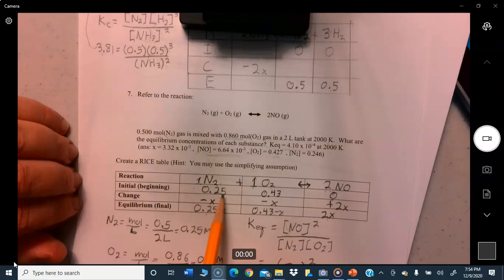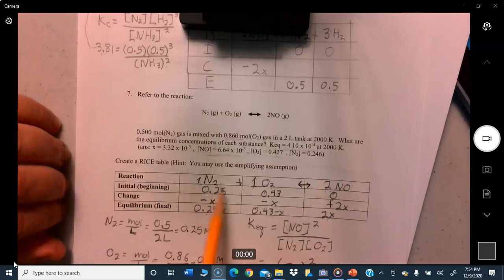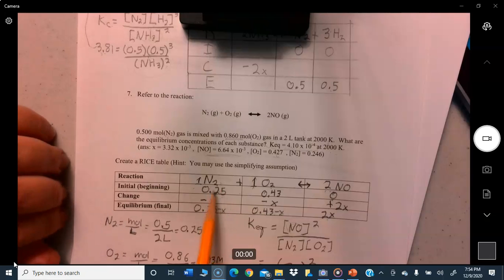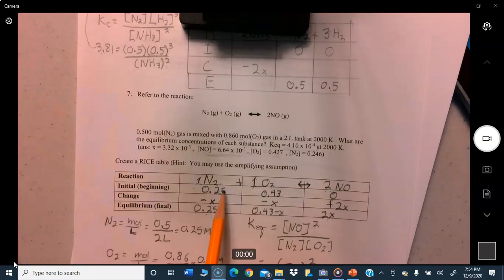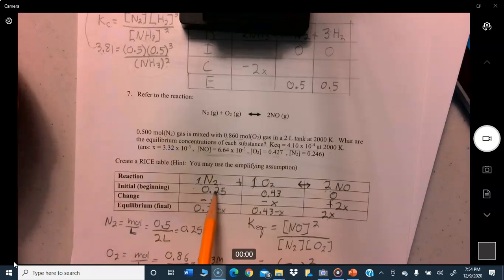That's going to be the least important difference there. So let's go ahead and do that.